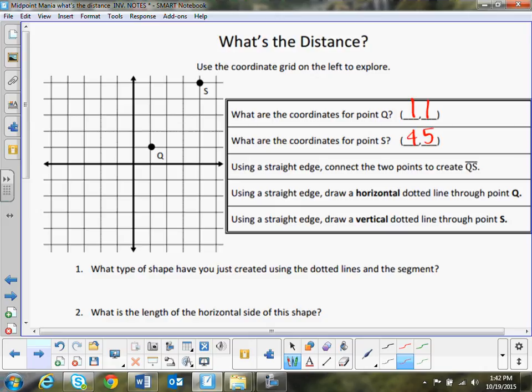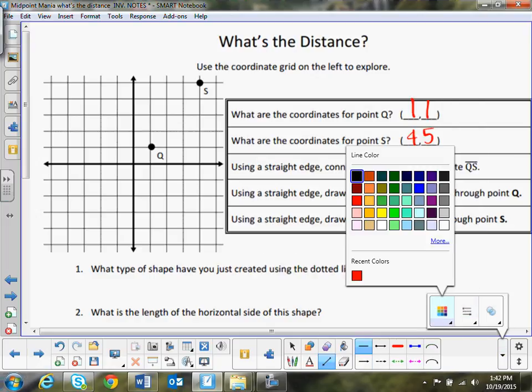Okay, write those down. You can write it off to the side. I know the paper is kind of small. Okay, using a straight edge, connect the 2 points. If you want to just sketch it, you can. Just try to make sure you sketch it really straight.